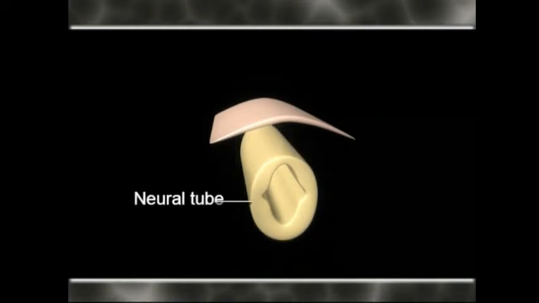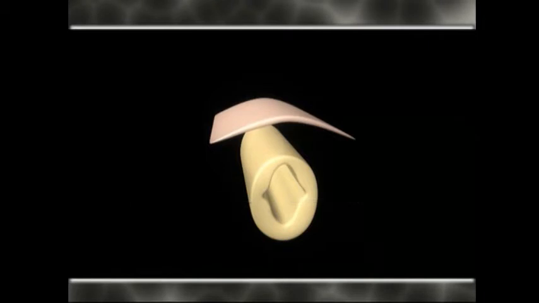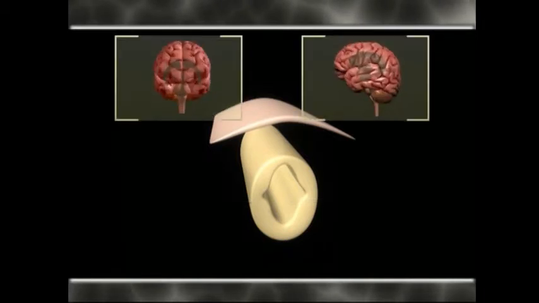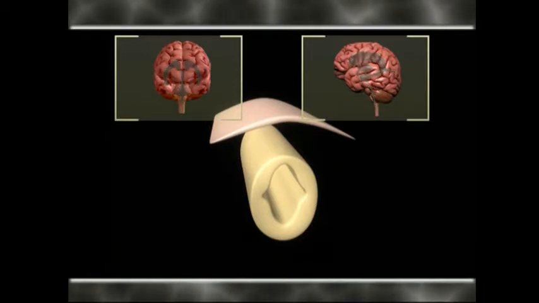Now, as you look at this tube, what you see in the middle is a hole, and that's going to be critical for things that we're going to be talking about in a minute, because what you have here is what your future ventricular system is going to be, those holes in your brain where cerebral spinal fluid is made, those same holes in the brain that Leonardo thought perception and cognition resided.